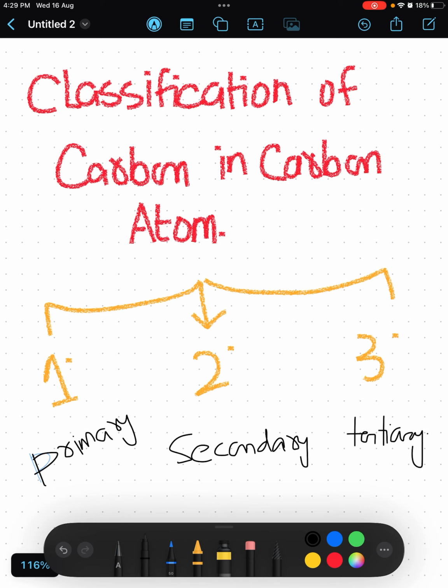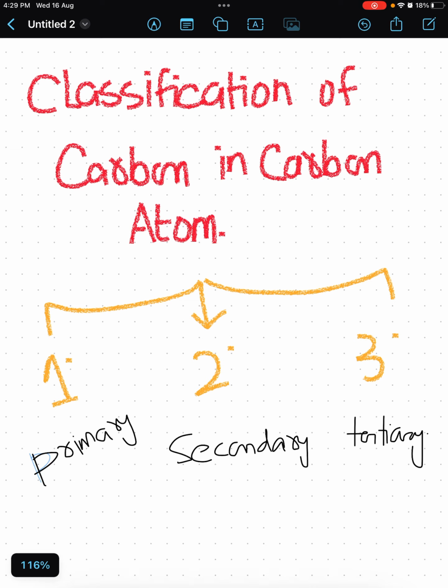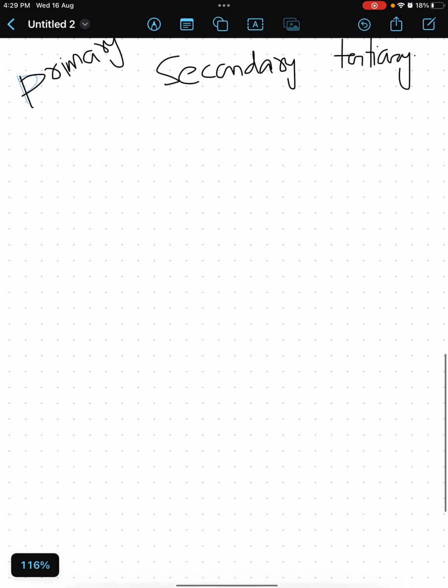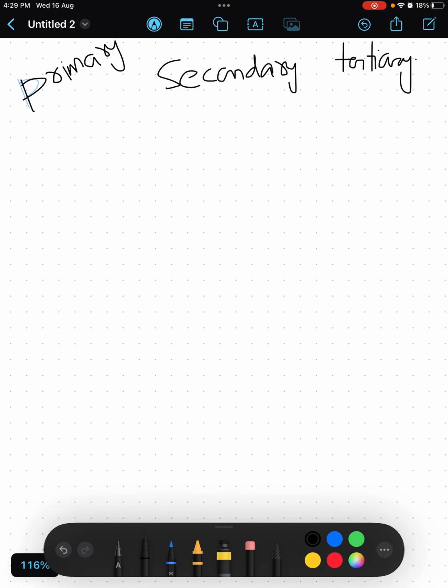We have first degree carbon, second degree carbon, and then third degree carbon. Now let me explain what the difference is between first degree, second degree, and third degree carbon. Let me make a structure over here so you can understand this properly.